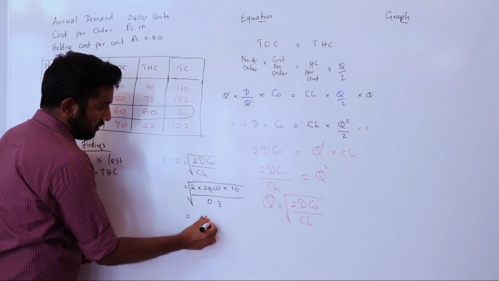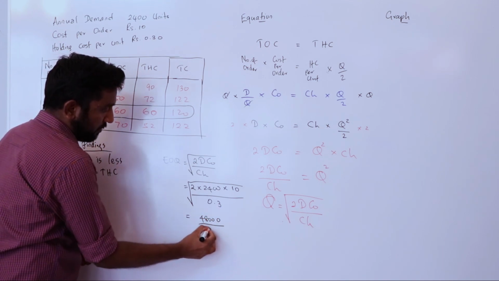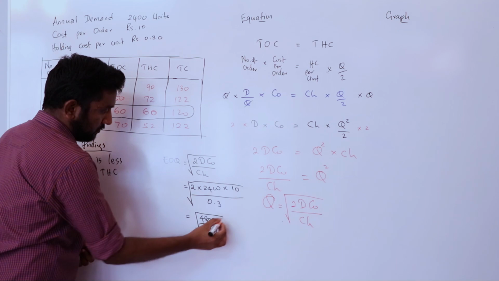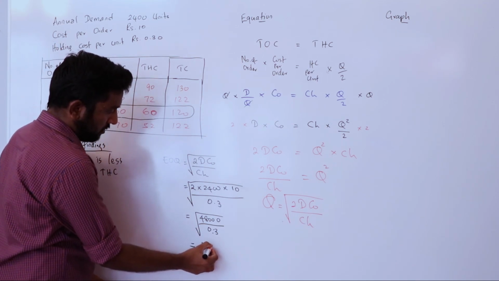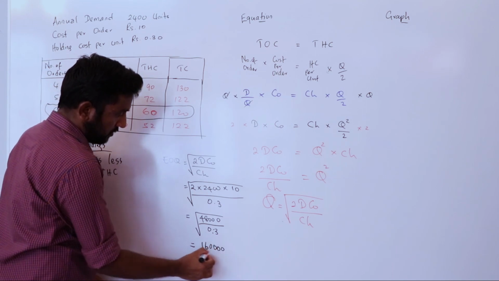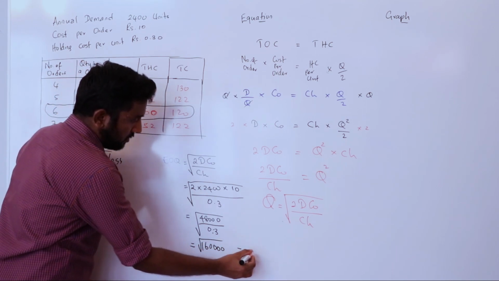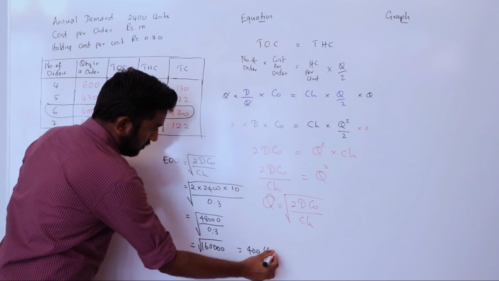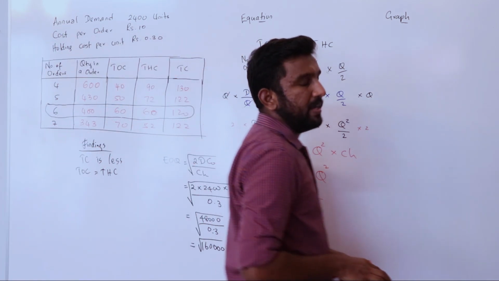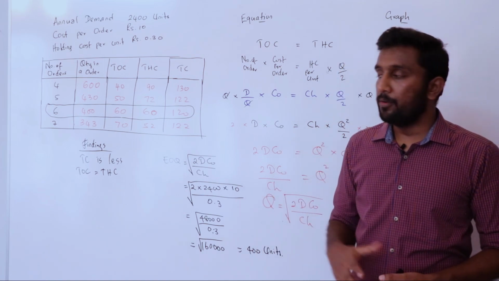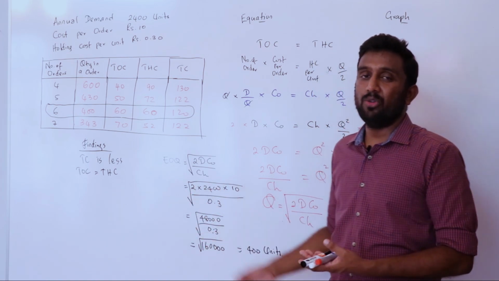So 4800 0 divided by 0.3, which is 16,000, square root, means 400. Yes. So this is the method we normally use to find the EOQ, the equation method.